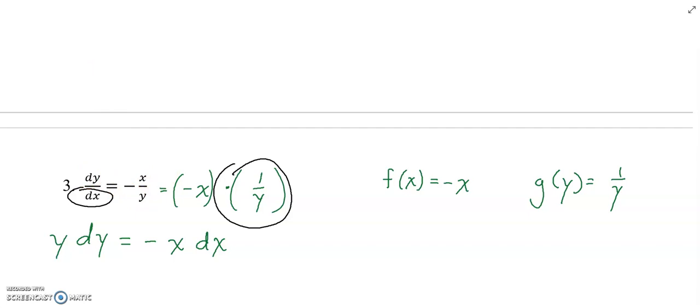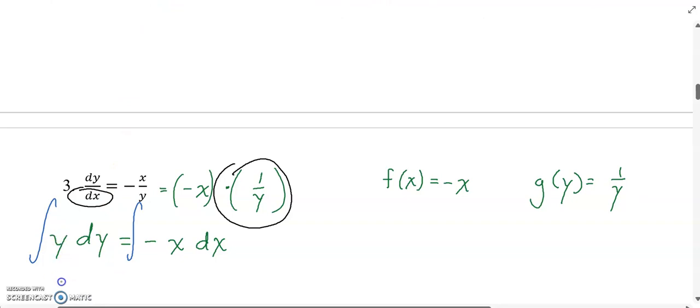What we're doing is we're separating all of the y variables on one side of the equation with the dy in the numerator, and we're separating all of the x's onto the other side of the equation with the dx in the numerator. And when we do that, then we can anti-differentiate with, hopefully, relative ease.